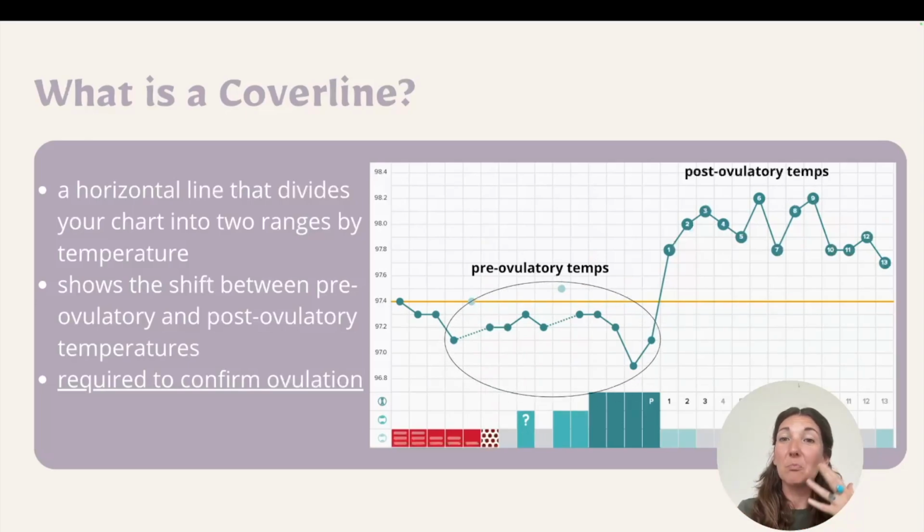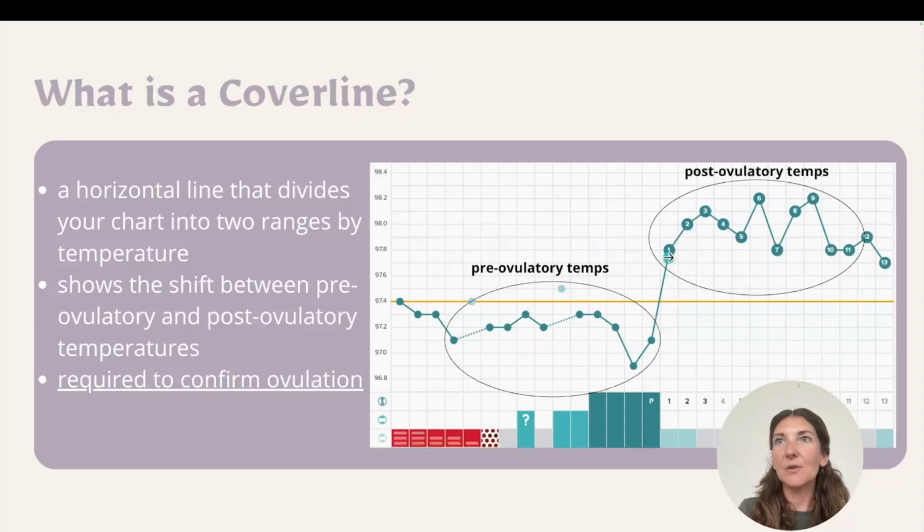You'll see your pre-ovulatory temp range, so this is your temperature range before you ovulated, and then you'll see sort of a post-ovulatory temp range. And you'll notice that your pre-ovulatory temps before you ovulate are lower than the after ovulation basal body temperature. And in order to confirm ovulation, we're looking for a chart that has this biphasic nature.